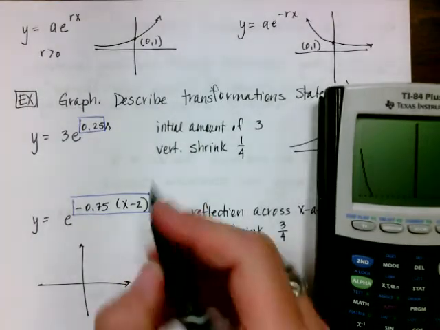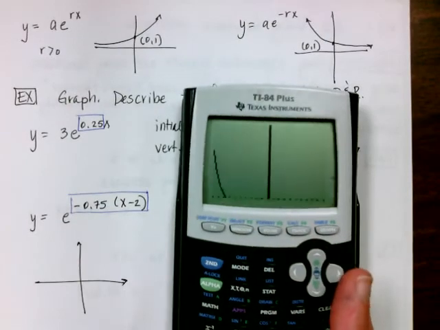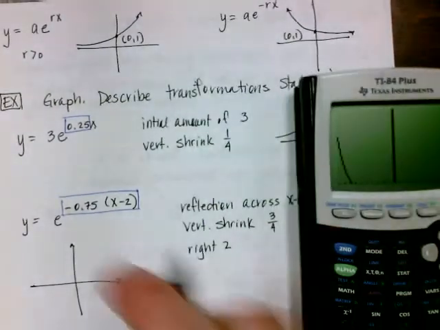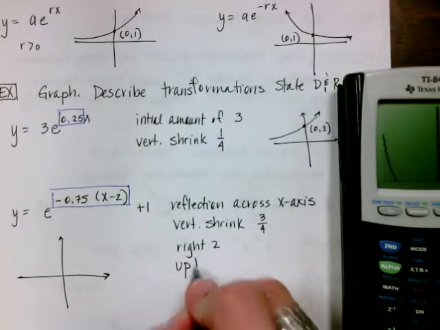Alrighty. I actually didn't need the plus 1, I forgot to show it to you in the original equation, so I'll go ahead and put it there. That means this is going to go up 1.